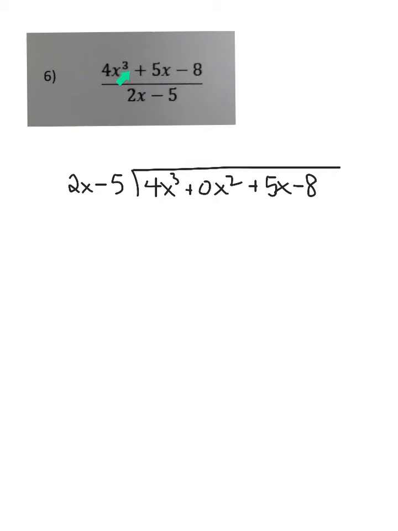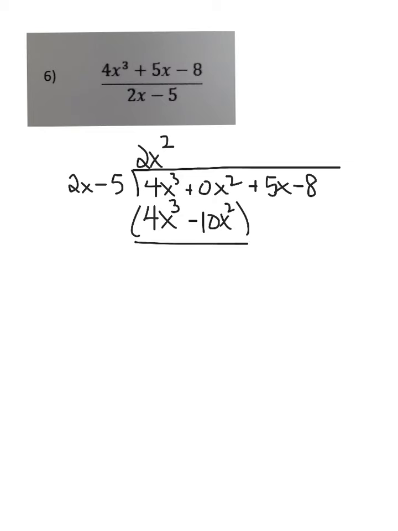All right, so number 6, I just want to show you, again, look at what is getting divided, and I'm missing an x squared term, so that's why I have a 0x squared here, okay? All right, so let's get started. So 2x goes into 4x cubed, 2x squared times, so to speak. Okay, so when I multiply this 2x squared times that 2x, I am going to get 4x cubed, and then when I multiply it by the negative 5, I'm going to get negative 10x squared.